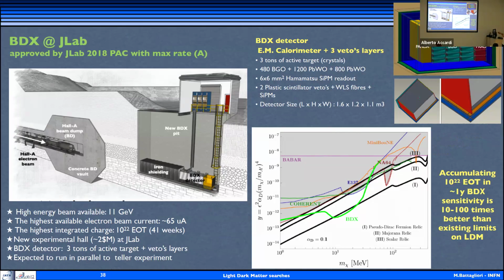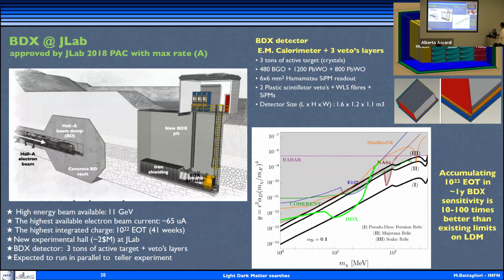So this is, at the end, the sketch of the experiment that is expected to run together with Muller in a parasitic mode, because Muller will get the electron beam, and the electron beam will be dumped on the beam dump of hole A, and we will place the detector in a dedicated facility that will be built downstream of the hole A beam dump.